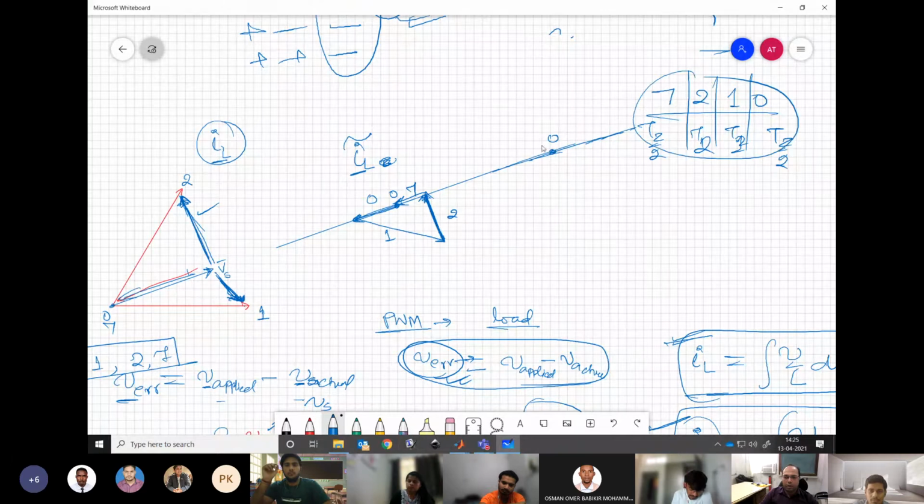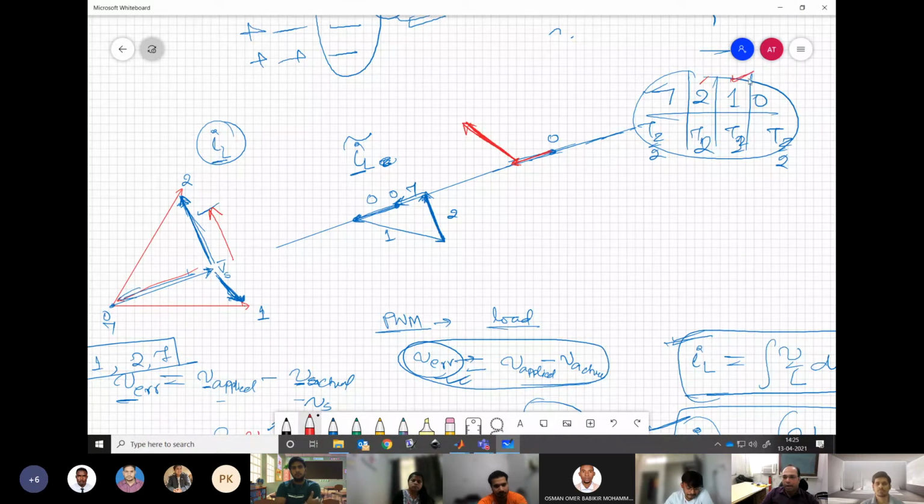So this is my mean point, 0 point. Then the vector applied is 7, so the error is along this actual vector, so a fraction of that. Let me draw with red. Then we are applying vector 2. Vector 2 is along this, so our error is going to be something like this, parallel to V2.